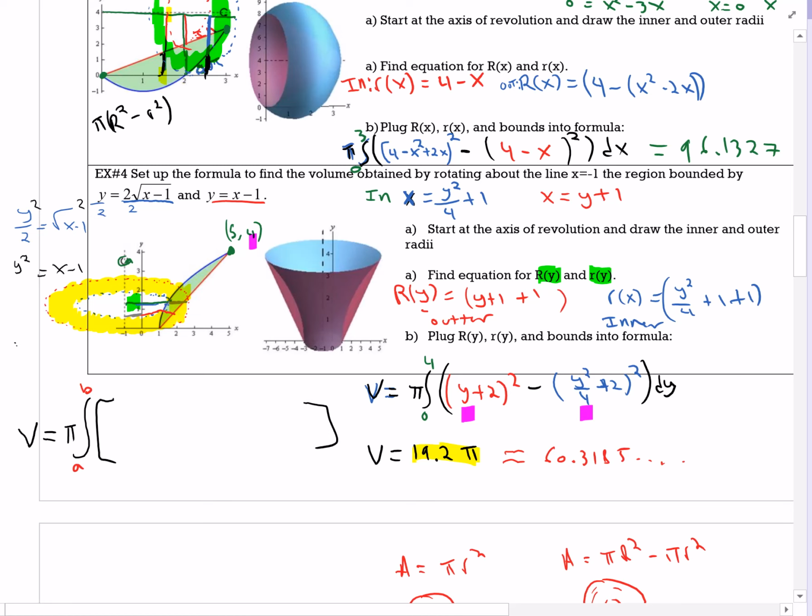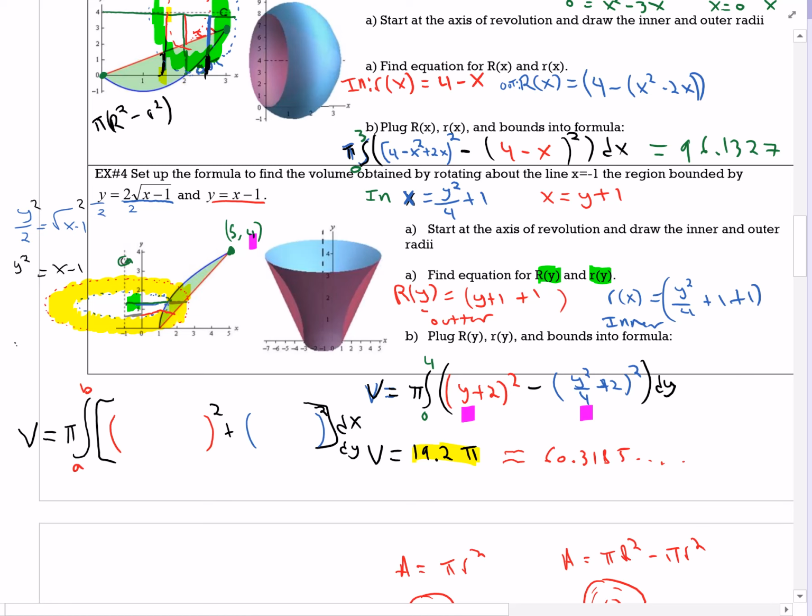We have our two radii here, so there's the first one and the second one. They both need to be squared, and this applies for dx or dy, so no matter what we put in there.